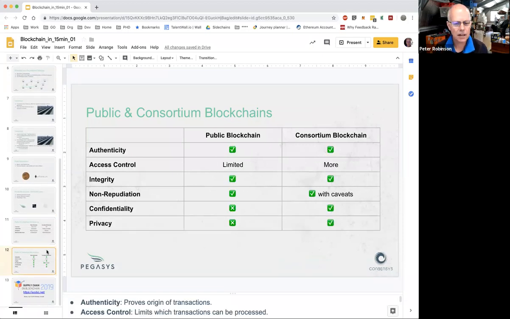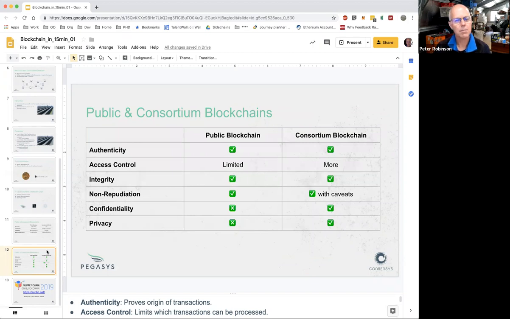Other areas of interest are the security properties. Authenticity is all about proving origin: who sent that transaction, and really identifying which account originated a transaction. Both public and consortium blockchains have that. Access control is limiting which transactions would be processed and maybe which accounts can be used for transactions.